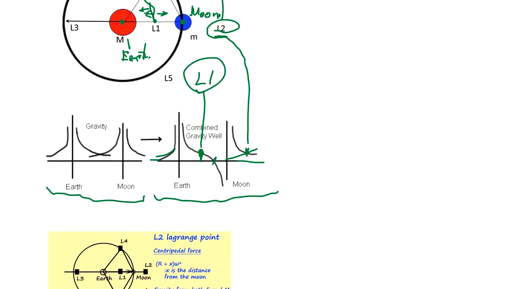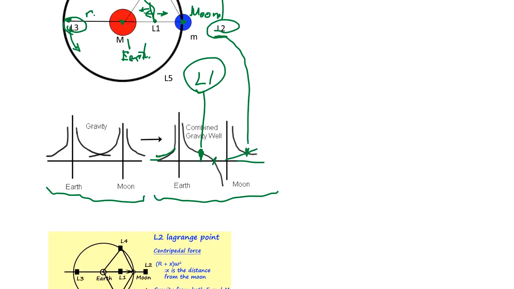And on the other side there is a balancing point here. It's slightly inside the circle because of the moon's gravity, and it's moving. So gravity is actually a little stronger than the Earth's gravity because of the moon. So this radius becomes smaller. That's the L3 point.